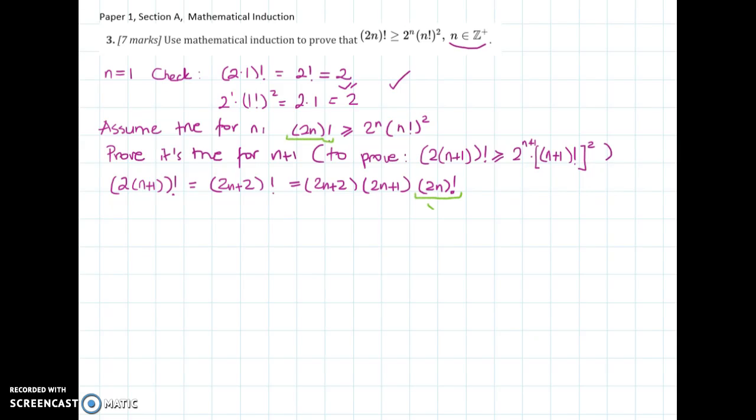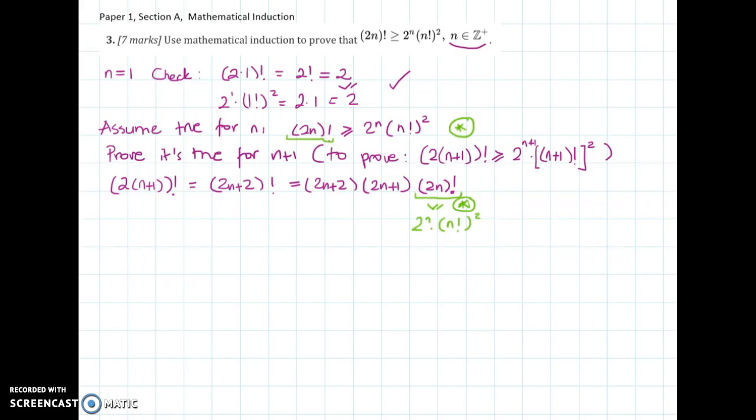We can say by the inductive assumption that this last factor, (2n)!, is greater than or equal to 2^n times (n!)^2. This is the assumption we have over here.